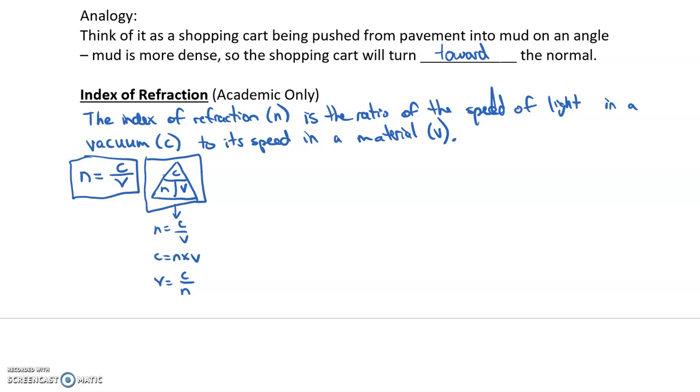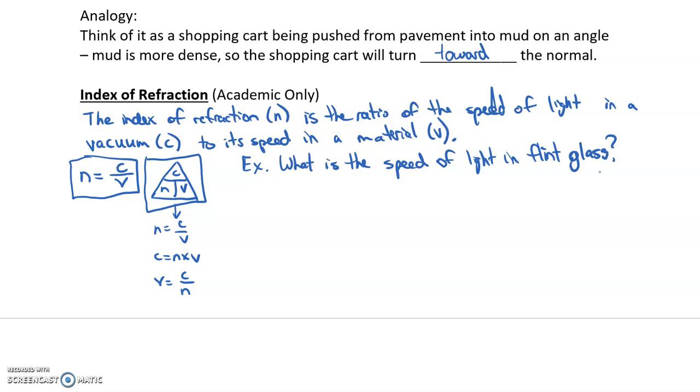So here's the question I want to ask you. What's the speed of light in flint glass? I'm going to give you one piece of information here. Let's write the question first. What is the speed of light in flint glass? There's many different types of glass, so we're talking specifically here of flint glass.